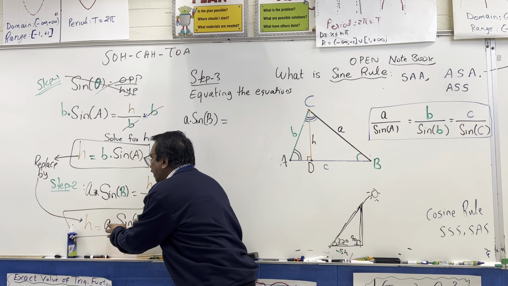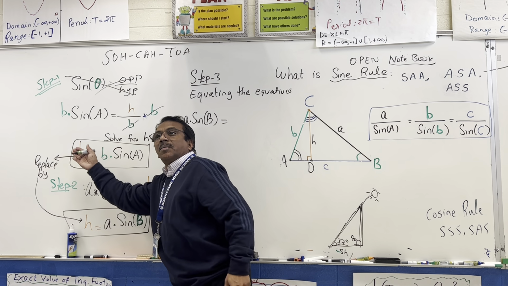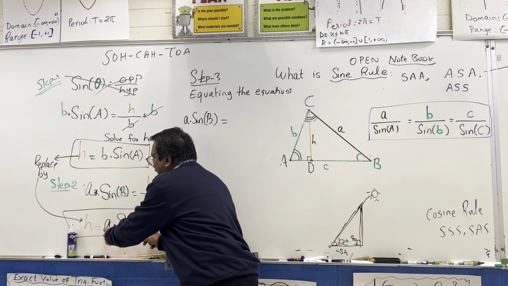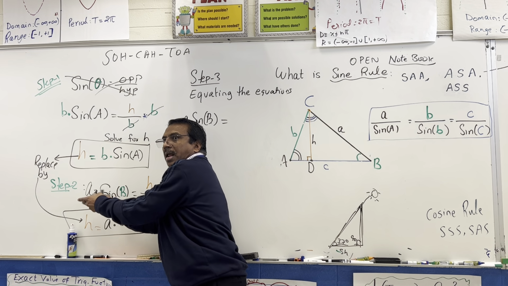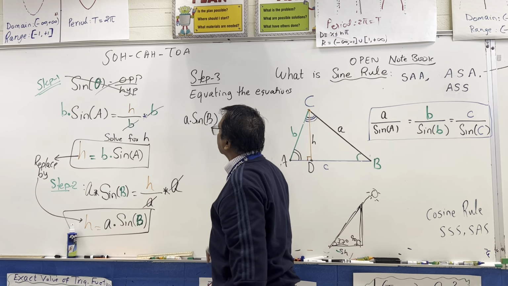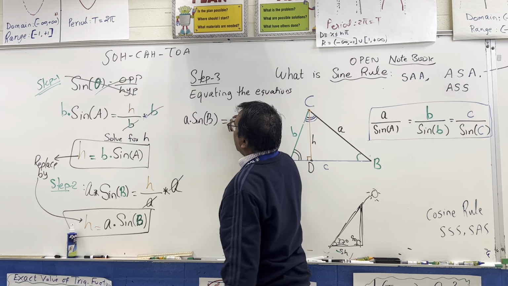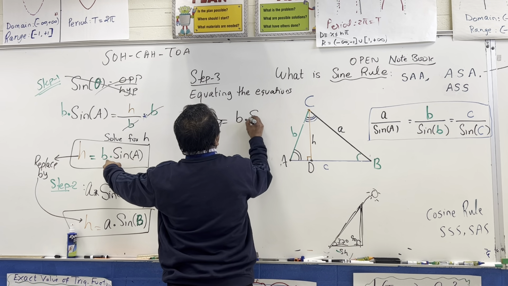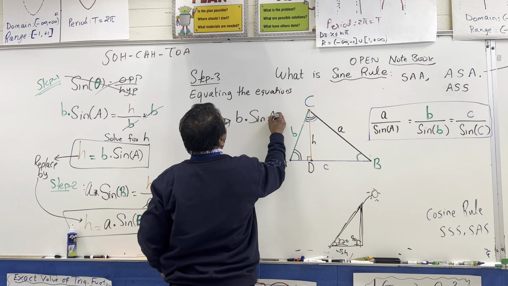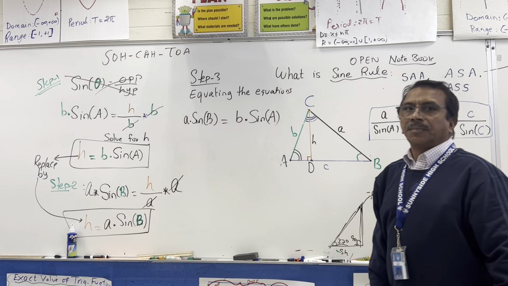So this part equals that, right? Both are H. So the right side should be equal to this one. Make sense? Left is the same. So A sine B equals B sine A. Right? Do you agree?